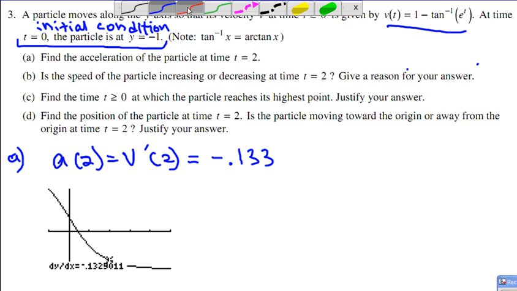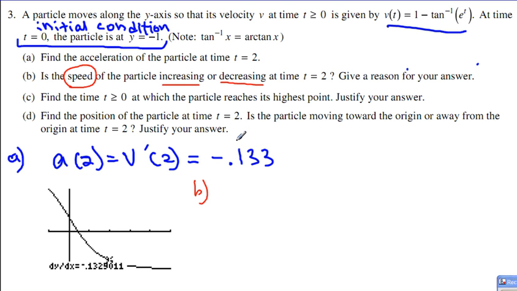Now B. I'm going to try to use the red marker. Is the speed, notice speed is the what? Absolute value. And then is speed increasing or decreasing? Speed increasing and decreasing depends on the signs of velocity versus acceleration.